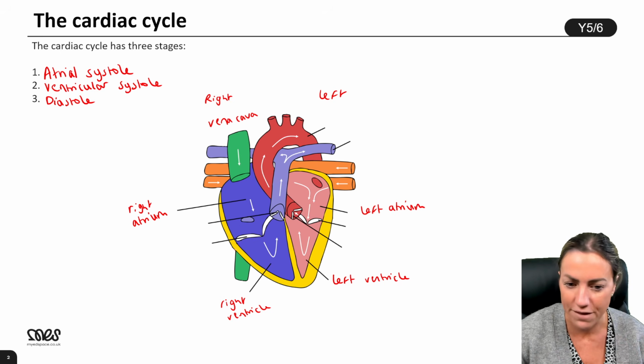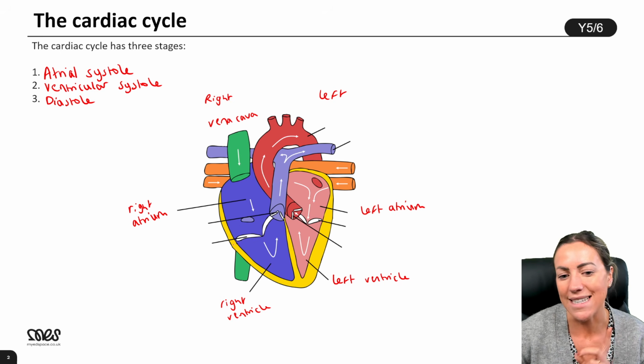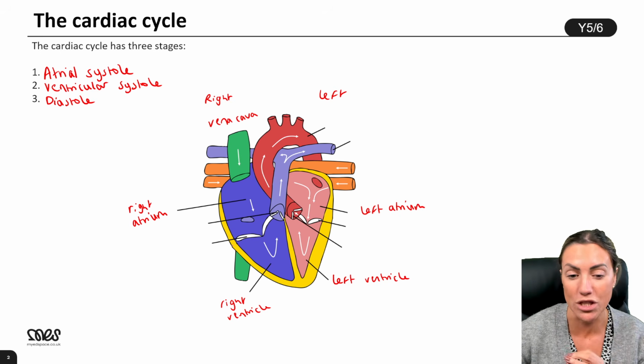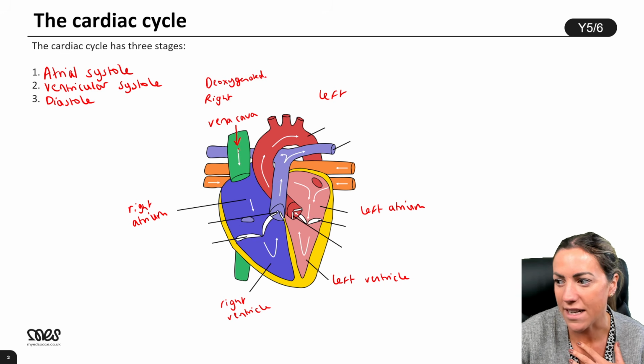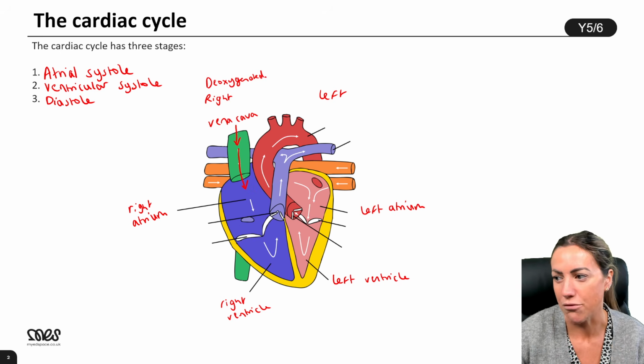You can just say vena cava. And the vena cava is carrying blood into the right atrium. Now remember, this will be deoxygenated blood because it's coming from the body into the right atrium. And we know the right side of the heart deals with deoxygenated blood, right? So this is the vena cava here, bringing blood into the right atrium.